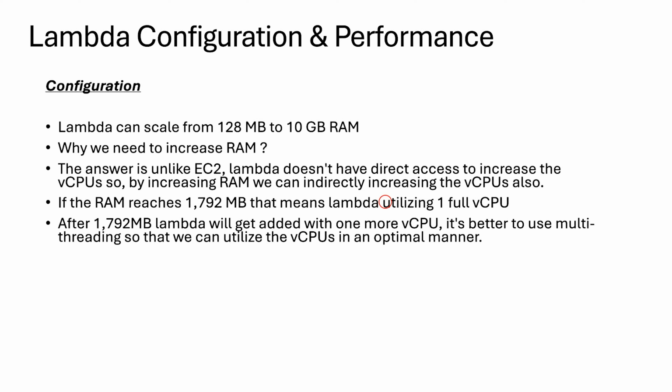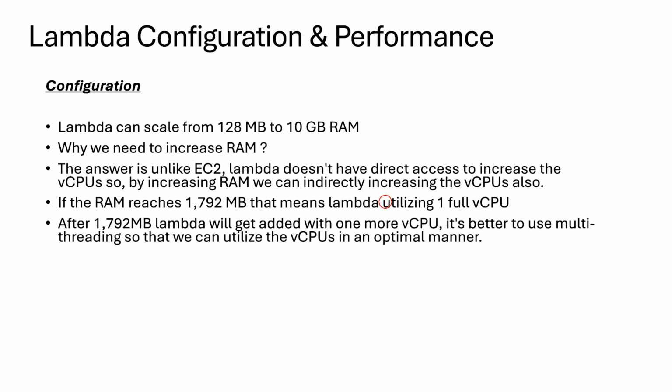For example, if you increase your RAM from 1792 MB to 2000 MB, behind the scenes Lambda will add one more vCPU to your Lambda.